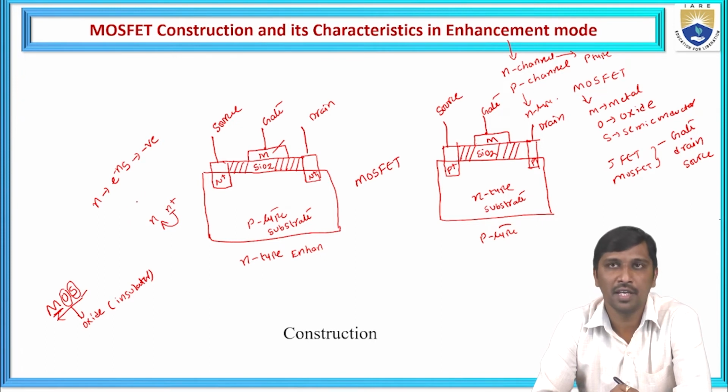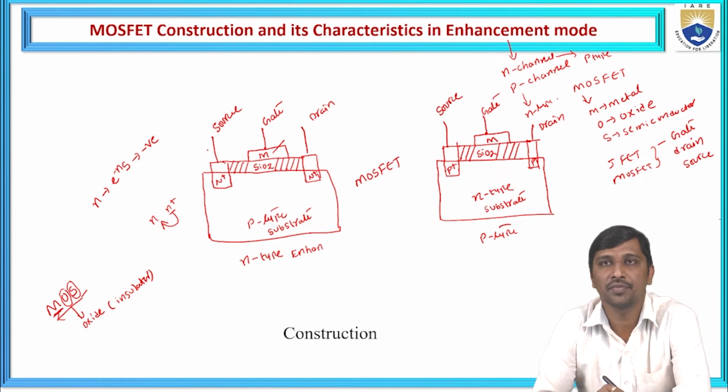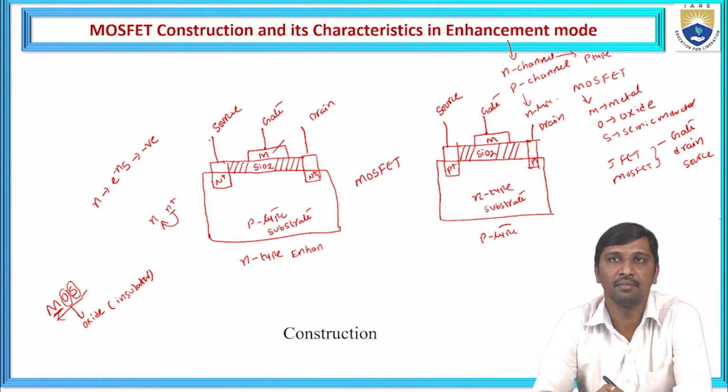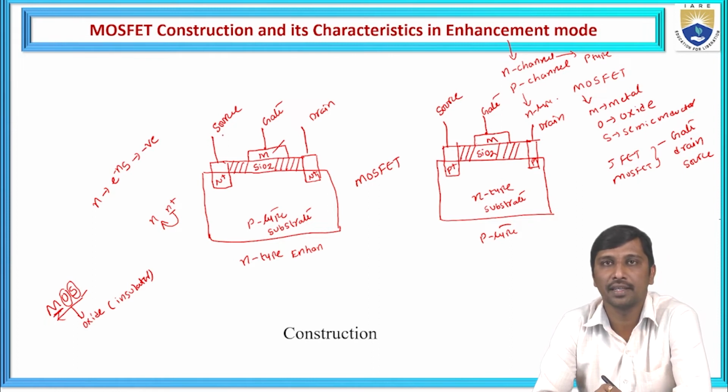So whenever you apply the negative force on this source, it diffuses the charge carriers from the source terminal to the drain terminal. Then if you want to reach these charge carriers from the source to drain, we need to induce the channel between the source and drain. How are we going to induce this channel?